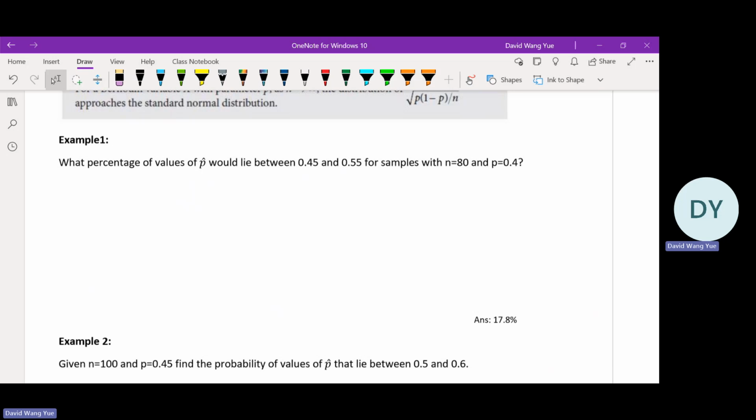So we write down the probability expression: the probability that p hat lies between 0.45 and 0.55.